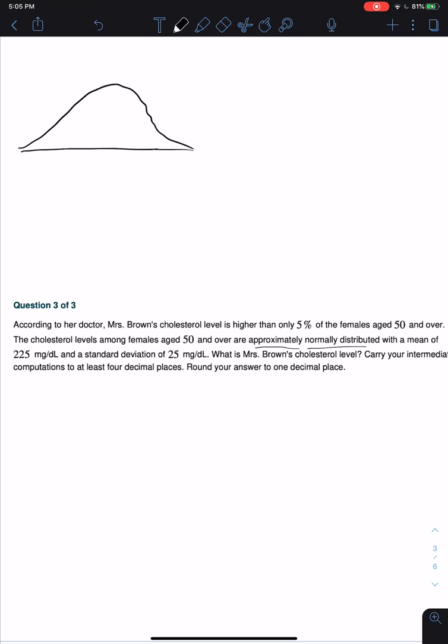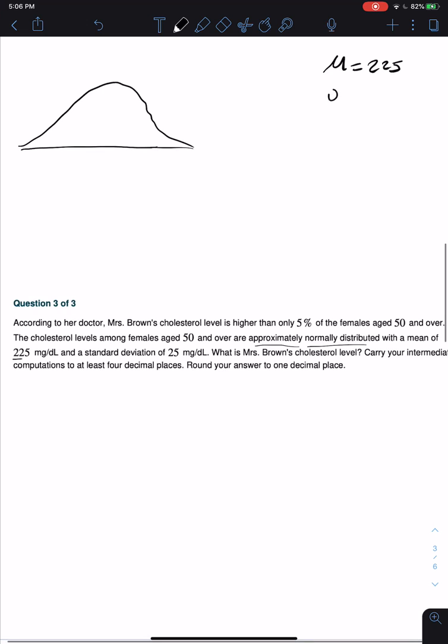Cholesterol levels among females age 50 and over are approximately normally distributed with a mean of 225 milligrams per dL and a standard deviation of 25 milligrams per dL. So if I was taking a look at the raw data here, a mean of 225 would be right there.